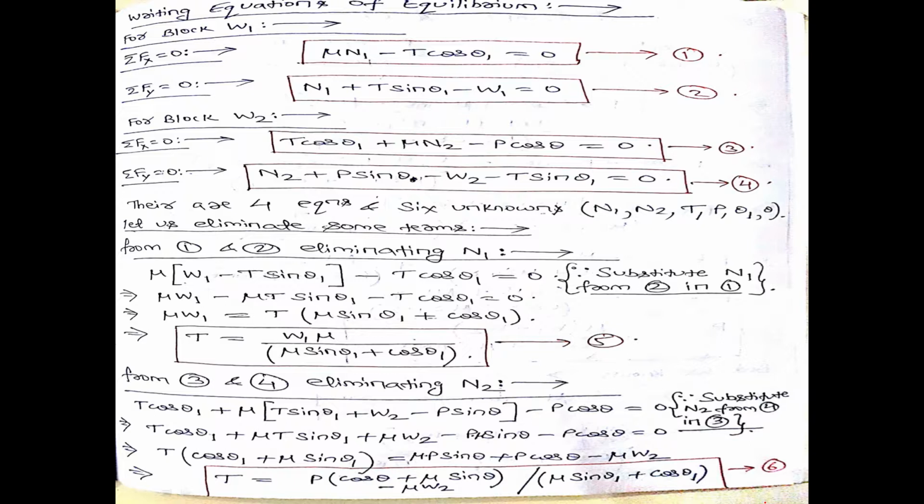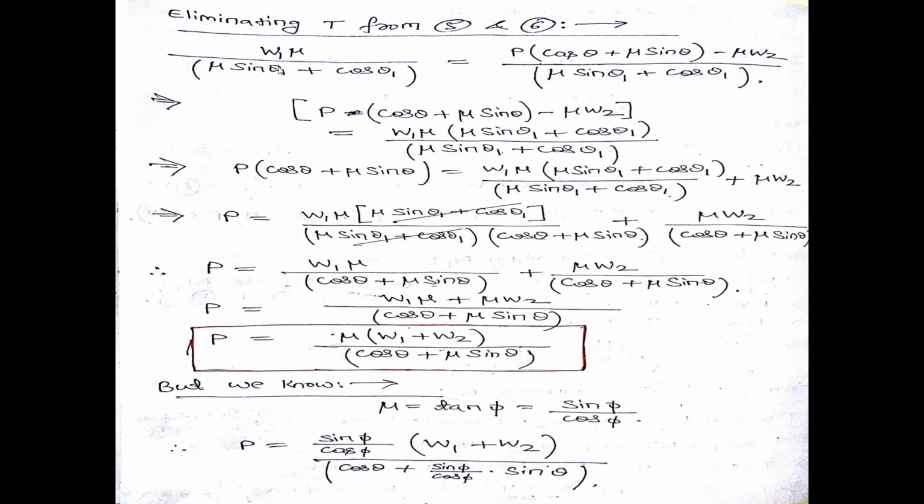Yes, sir. Fine. So let us equate equation number 5 and equation number 6. Finally you will get W1 mu divided by mu sine theta 1 plus cos theta 1 is equal to P times (cos theta plus mu sine theta) minus mu times W2, divided by mu sine theta 1 plus cos theta 1.